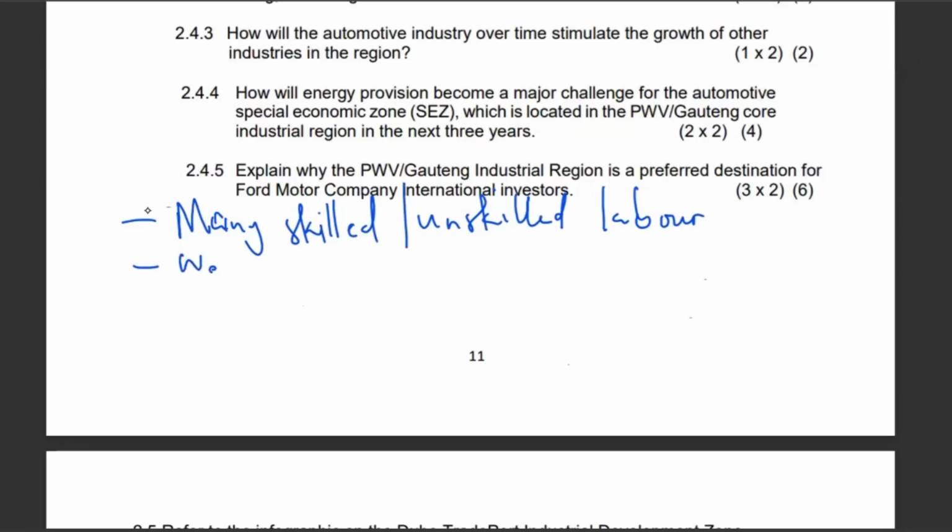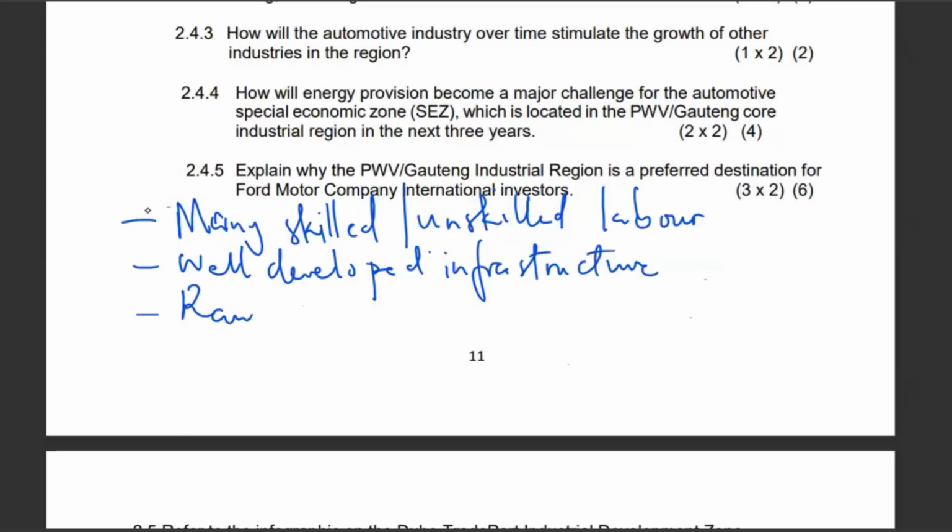Then you can also look at well-developed infrastructure. The infrastructure is well developed and is well maintained. The road networks, the railway networks, even if we need to do business by linking with air, we can also link effectively. There's well-developed infrastructure. Then you also look at raw materials. They are readily available from the mines.